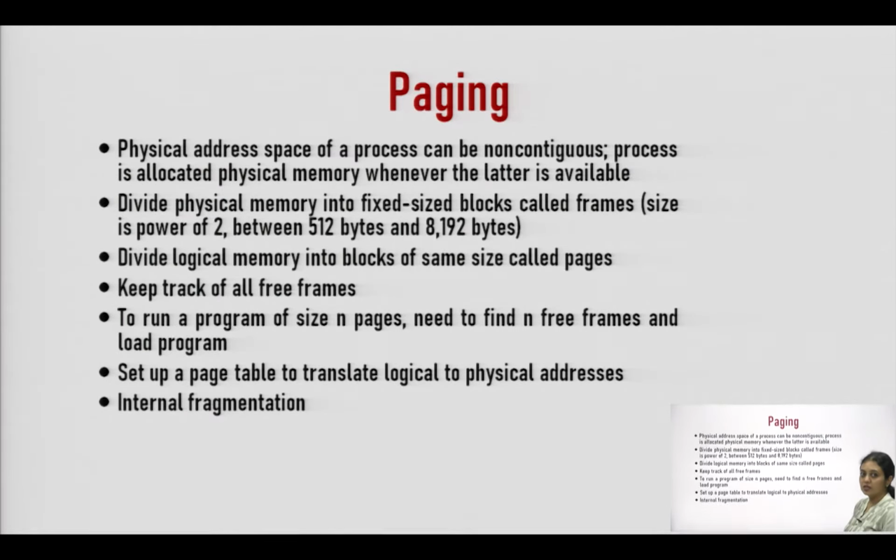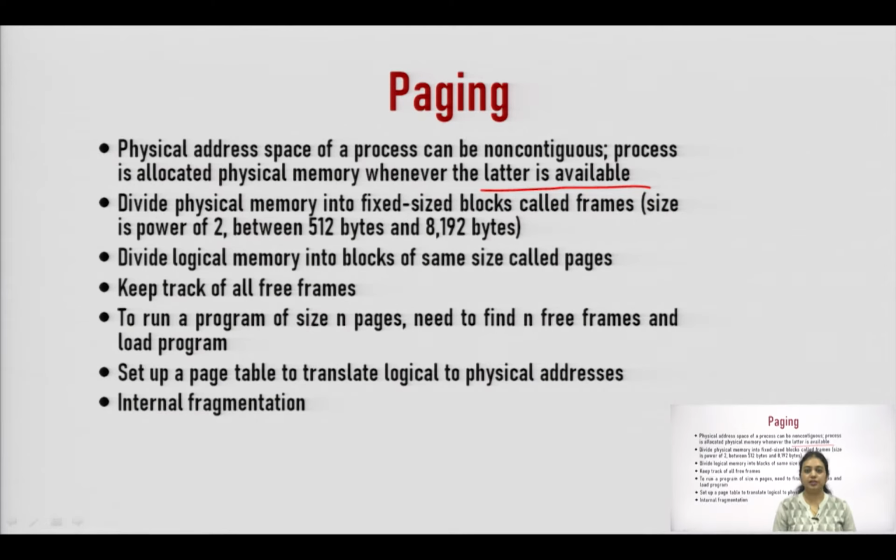So, when memory is available, at that time we allocate it to the particular process. Here we have two address spaces. We have the logical address space that is generated by the CPU, and another one is the physical address space where the process is actually stored.